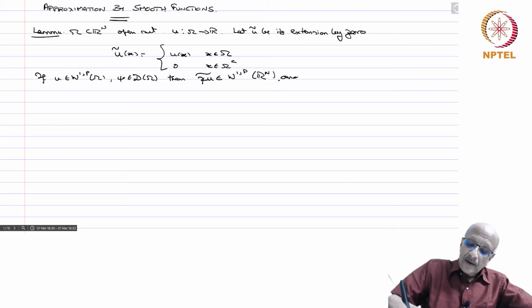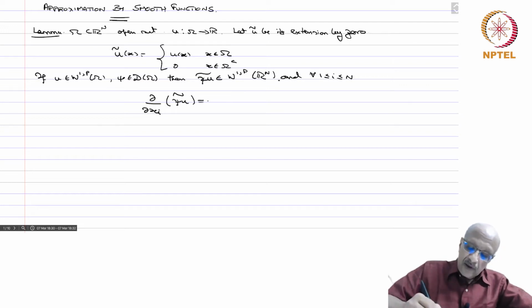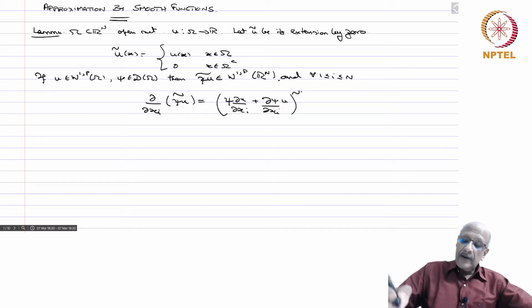And for all 1 less than or equal to i less than or equal to n, you have the formula for the derivatives: d by dxi of psi u tilde equals psi du by dxi plus d psi by dxi times u, the usual product formula, with tilde applied. Okay, so this is the formula.